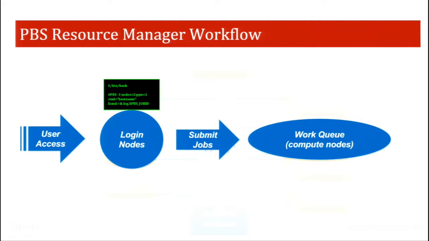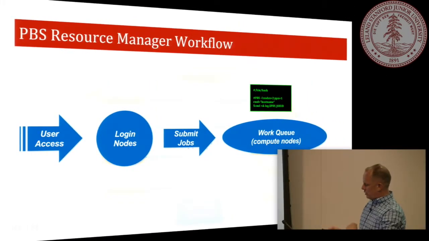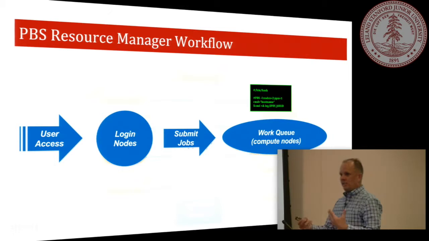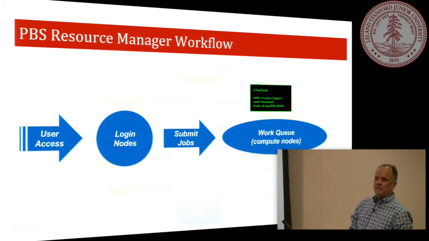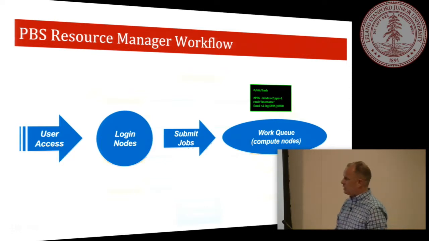So essentially, you log into a login node, you create a job script, and then you submit that with a queue submit command, and that will go into a queue. If there are resources available, it'll go out and run on the nodes. If there are not, it may sit there for some period of time waiting to run, depending on the restrictions or policies of the queue you've submitted it to.